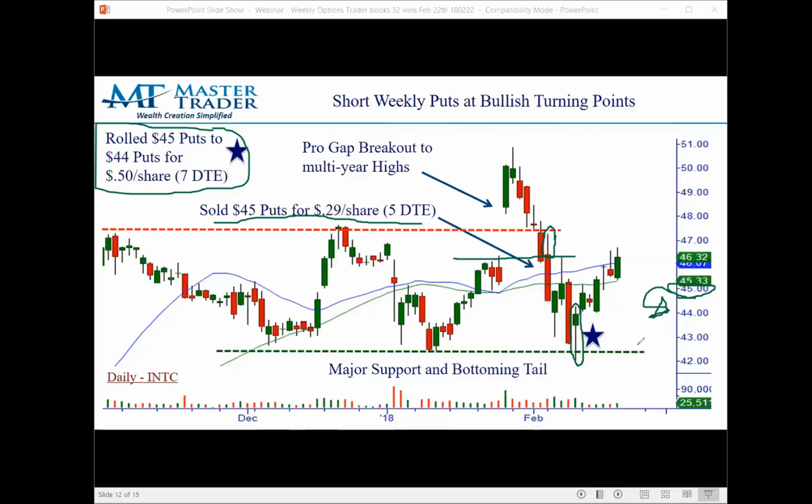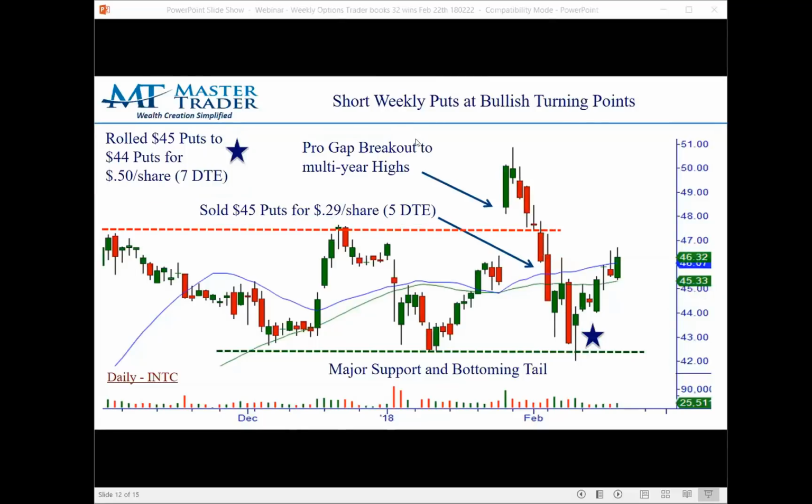So we sold 7 days the next week. But here's the beauty again of selling options, folks. We put another 50 cents a share in our pocket. Plus, we gained an additional $1 of cushion. So that's where we were at that point in time.